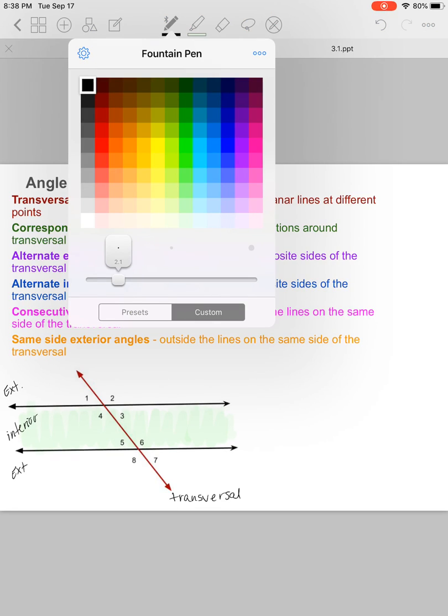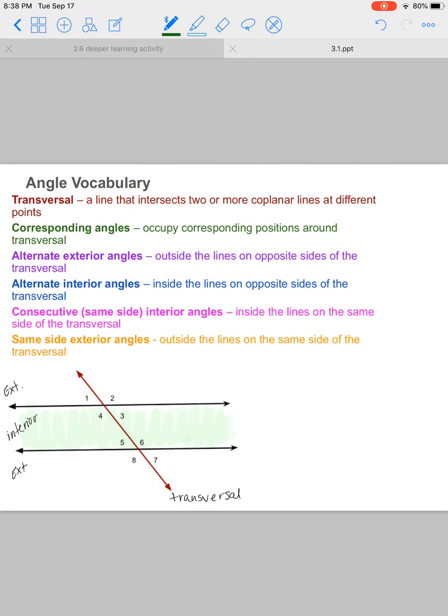The first angles we're going to talk about are the corresponding angles. Corresponding angles have corresponding positions around the transversal. This means that one is interior and one is exterior, and they will be on the same side of the transversal.